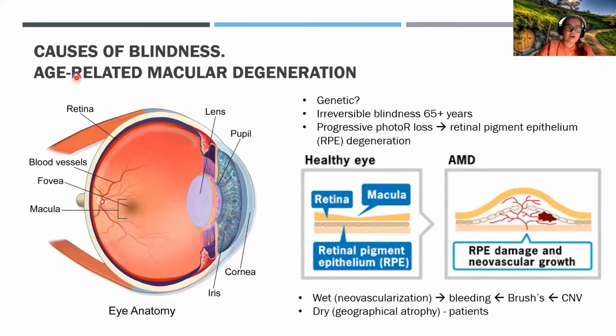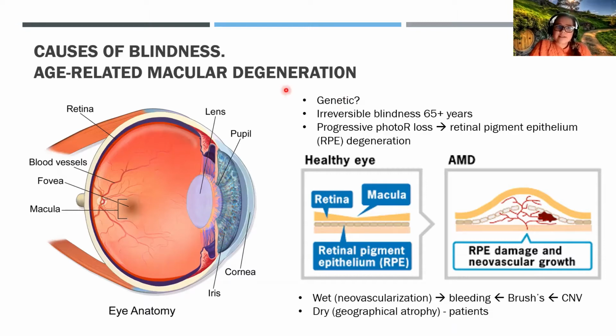Now, another cause of blindness is age-related macular degeneration. Macular degeneration refers to this area of the eye, which is a bit broader than the fovea. As you know, in the fovea, cones are mostly located, whereas rods are located throughout the retina, all the periphery of the eye.